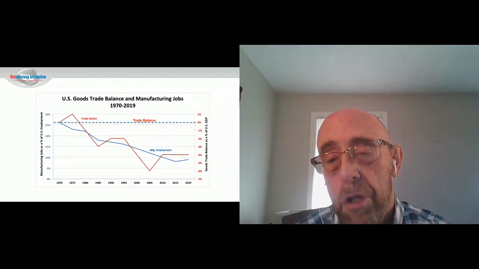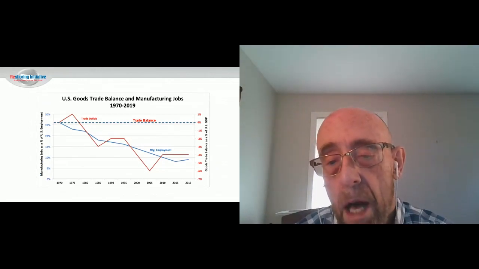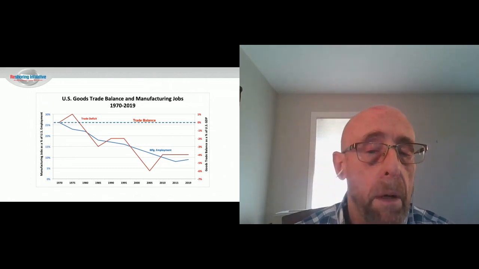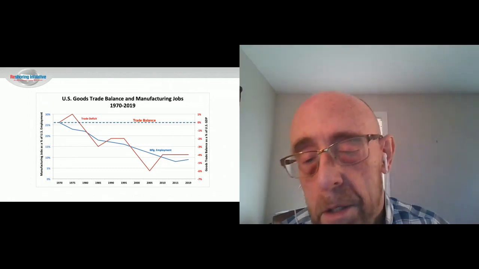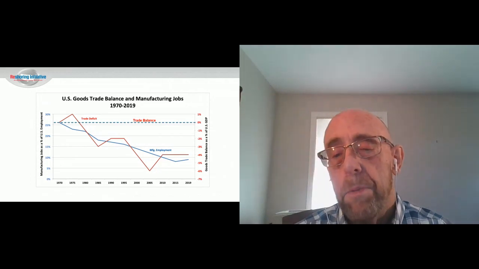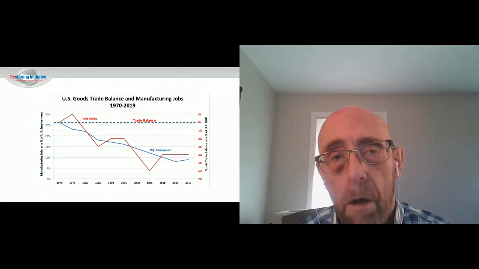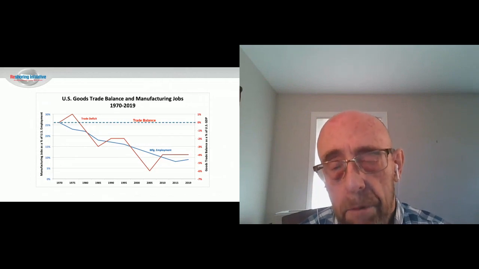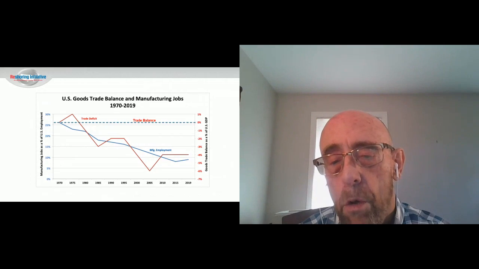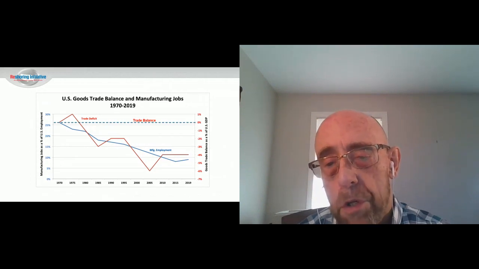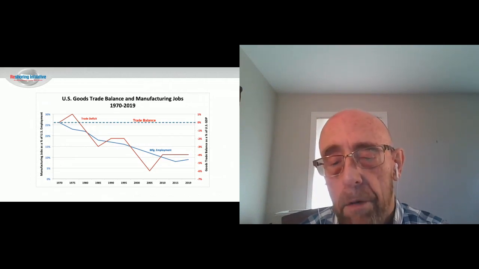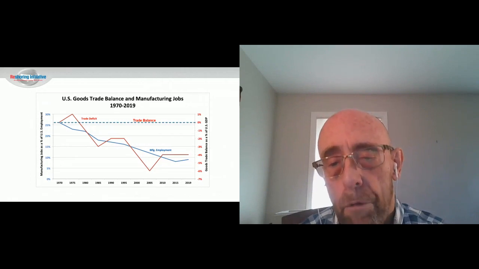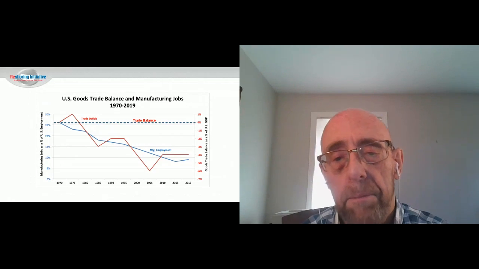Some of the articles you'll see will ascribe the decline in manufacturing employment primarily to automation, productivity, but it's not true. And specifically in the last 12 years, U.S. manufacturing productivity has averaged an annual growth of about 0.4%. So we're not losing a lot to productivity. We've lost it primarily to offshoring.